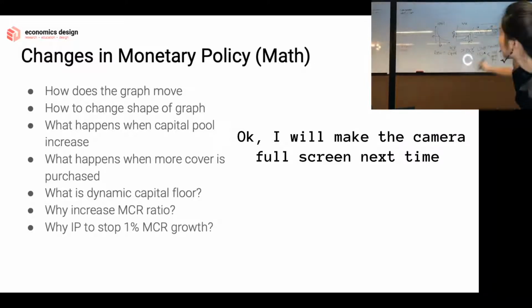So similarly, when the capital pool increases by 2 arrows and the MCR increases by just 1 arrow, in general the entire variable increases, and so P, the price of the token, increases.